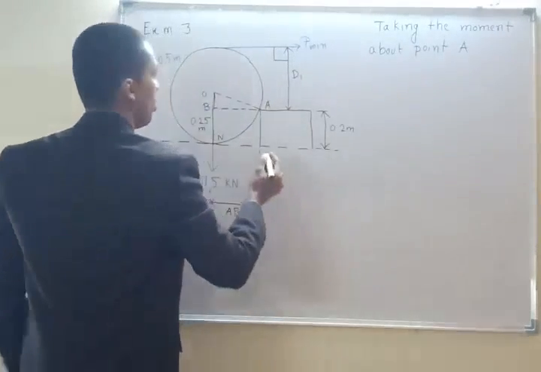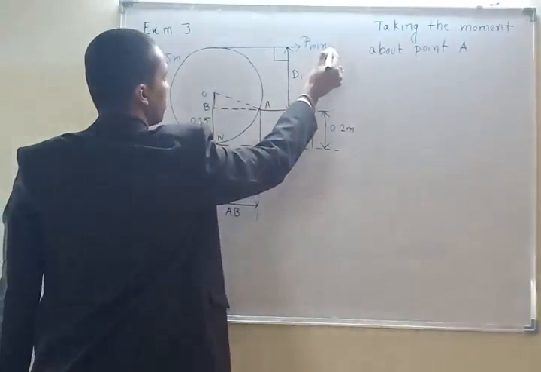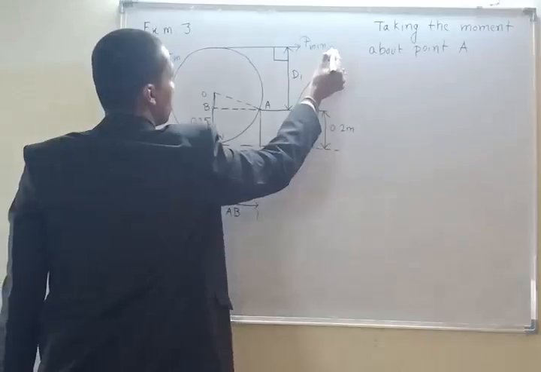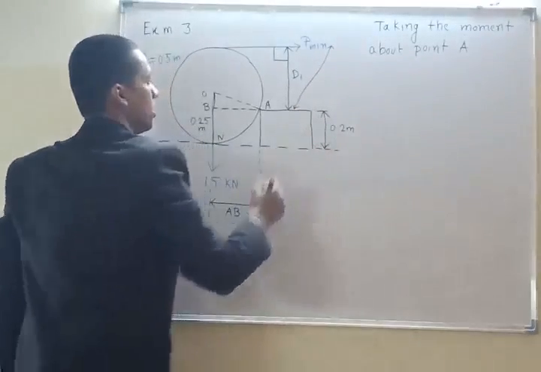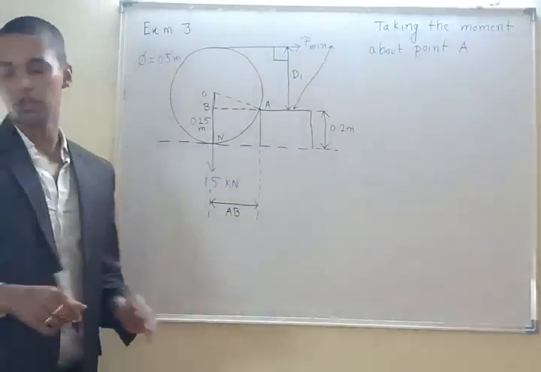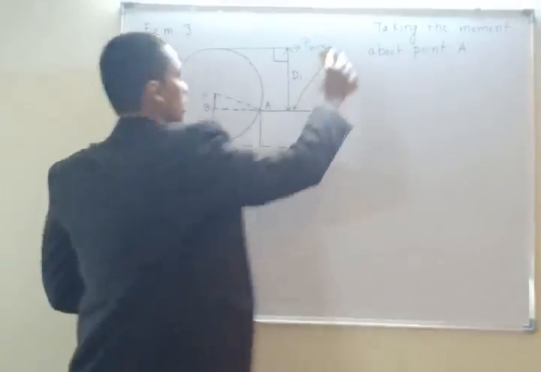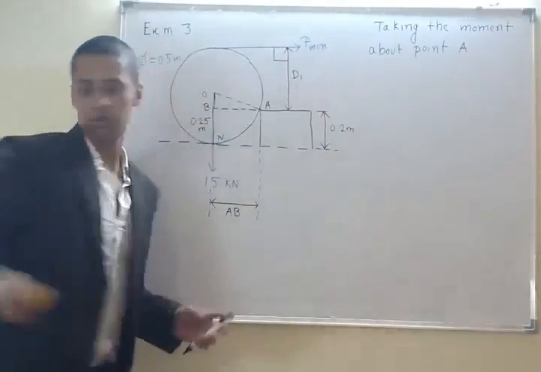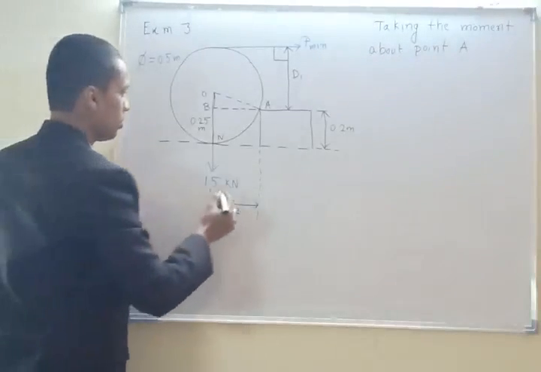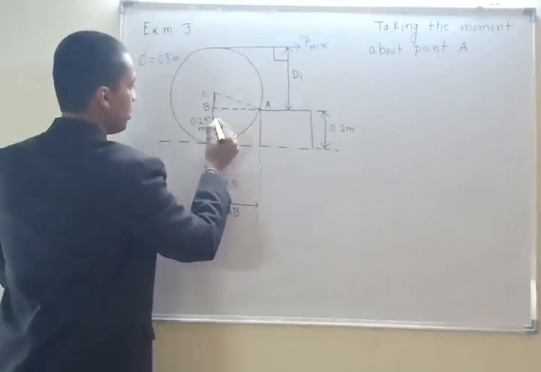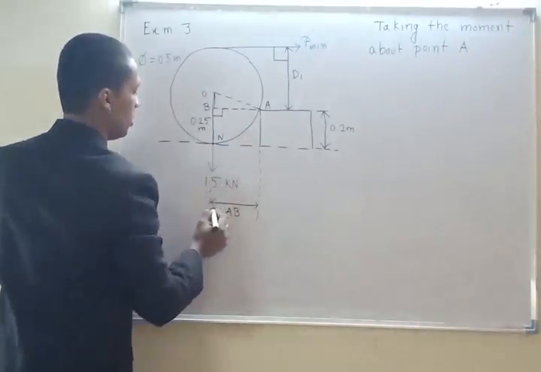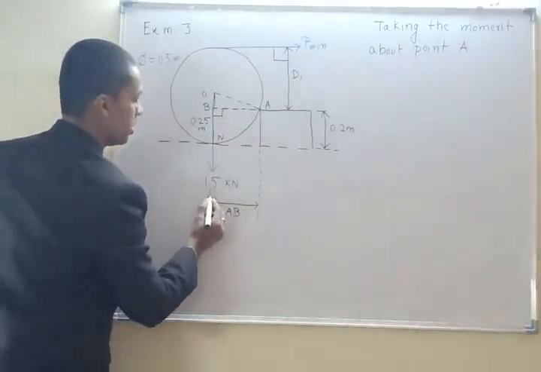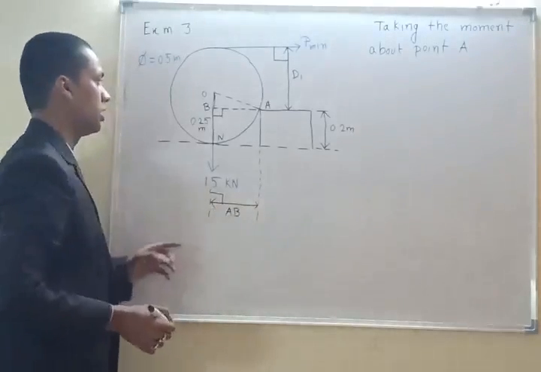It means we cannot measure the distance like this. This distance from A is not correct. Only the 90-degree angle is correct. Here also we are measuring this distance, and AB is at 90 degrees.